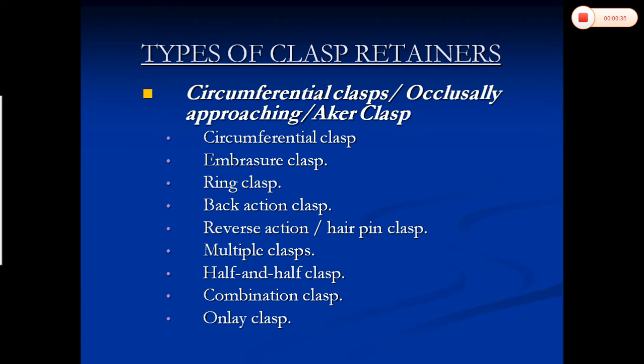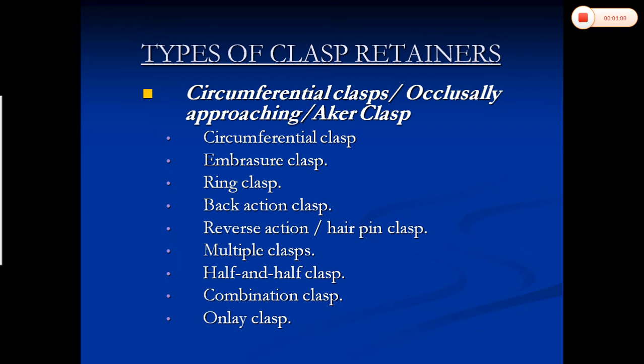They are commonly called circlet clasp or circumferential clasp, embrasure clasp, ring clasp, back action clasp, reverse action clasp, hairpin clasp, multiple clasp, half and half clasp, combination clasp, onlay clasp. So these are different types of circumferential clasp.